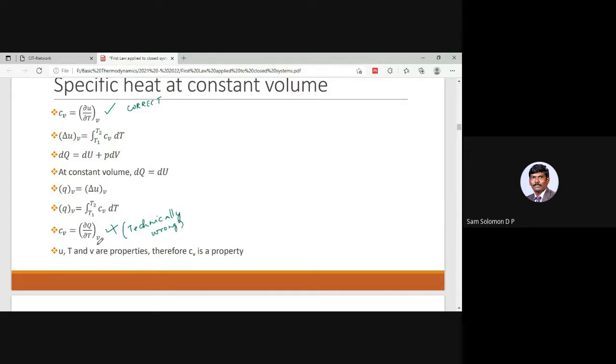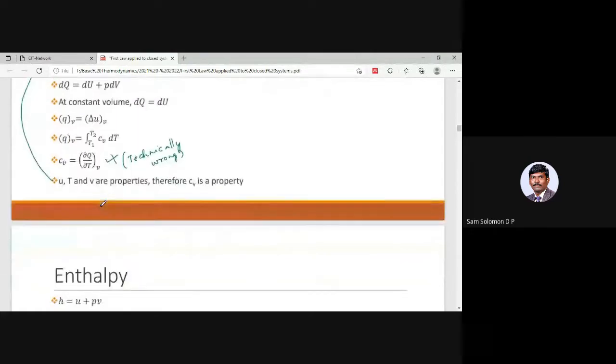If you look at this equation, u, t, and v are all properties, and therefore CV is also a property. A similar interpretation you cannot give here because q is not a property. Q is a path function. So this is what I showed you as a derivation in the previous case.